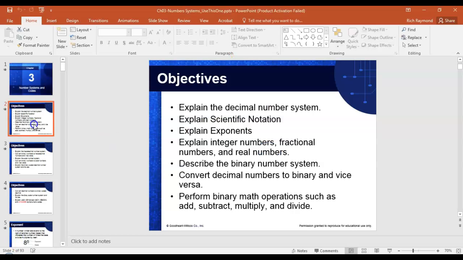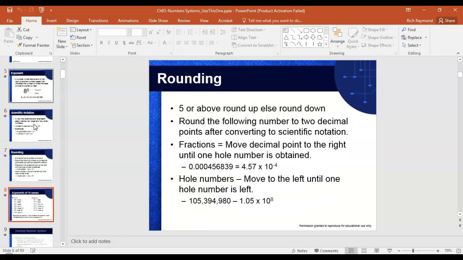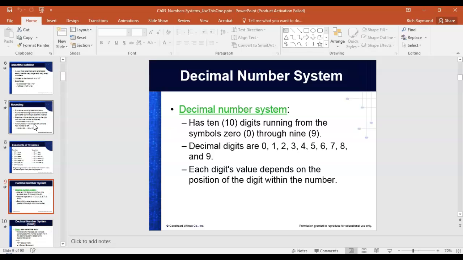We had a review of the decimal number system. Then we looked at the base of a number system. The four bases that we use in programmable controllers are decimal, of course, which is the one we prefer. And then we have binary, which is what everything is inside a computer.